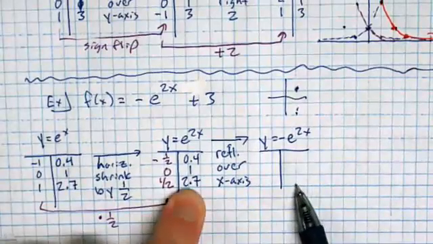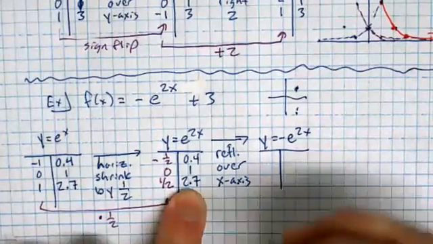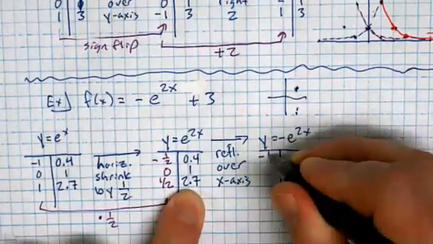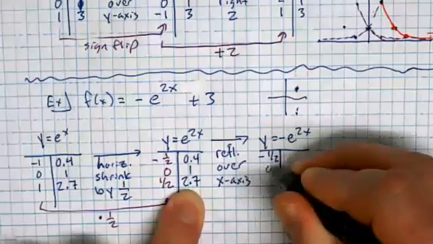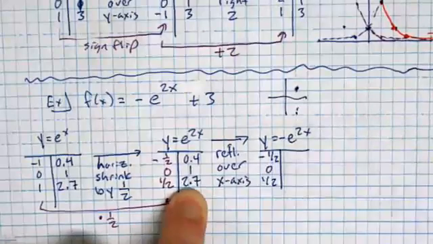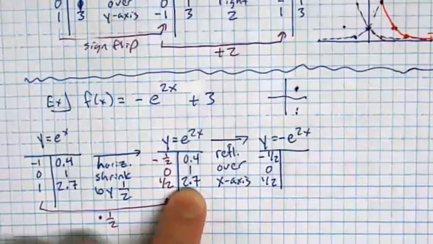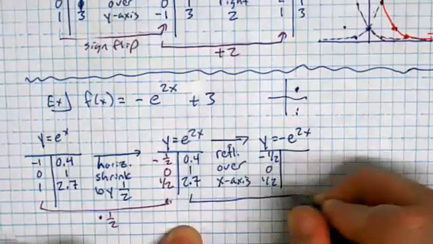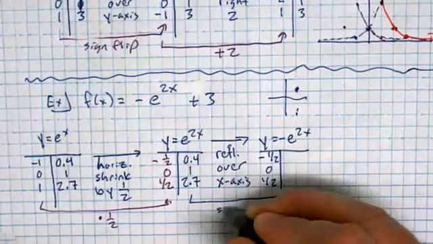Our y coordinates should be changed. X coordinates should remain exactly the same. I'll go ahead and copy those over. But the y coordinates, we're reflecting, so we're just going to do a sign flip.